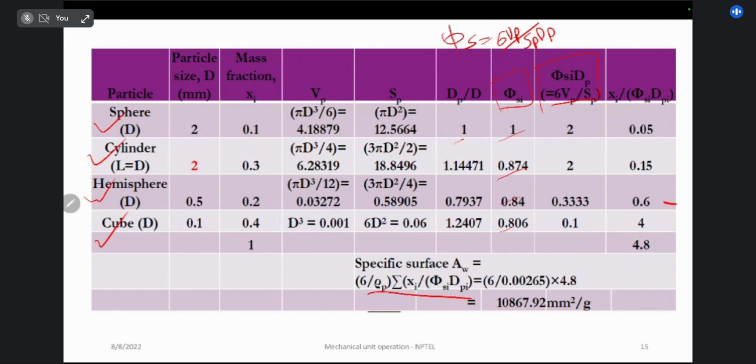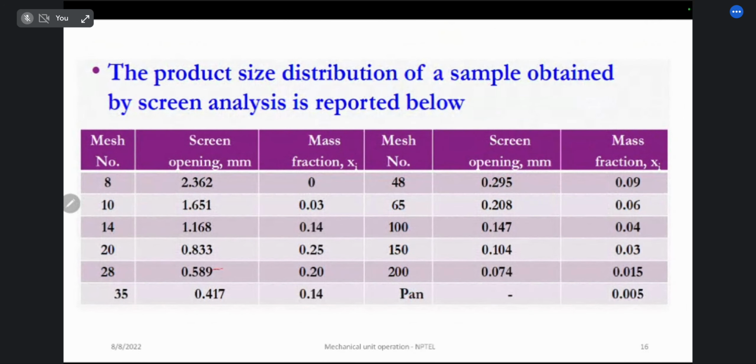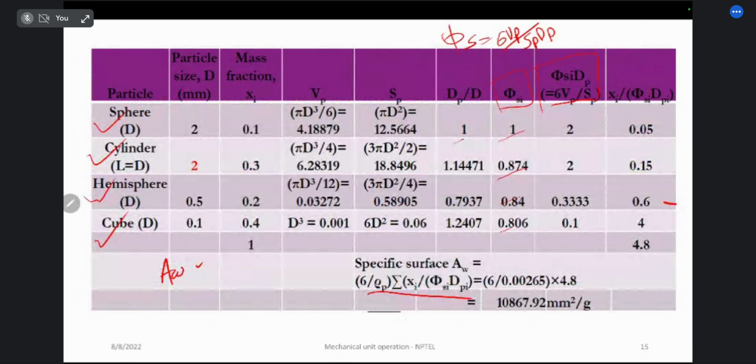The equation is like this: Aw is equal to 6 by rho p, summation of xi by phi si dpi.